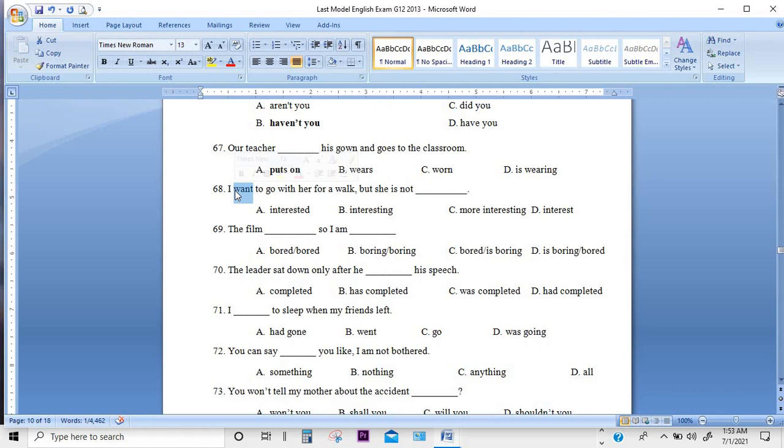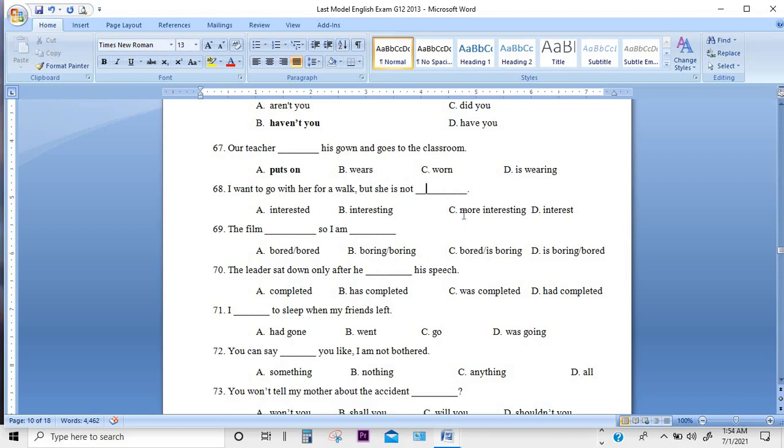But she is not what? Now what is missing here is not a tense verb, it is verbal. If verbal, it will be infinitive or gerund or participle.